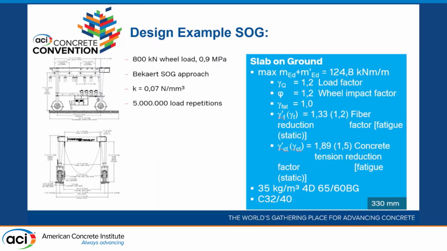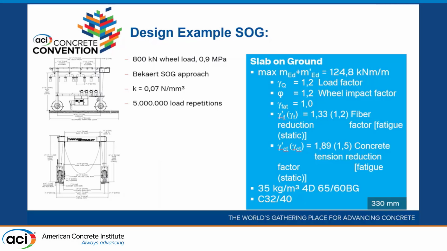There's the load factor. Here's the wheel impact factor that I mentioned before, the 1.2, and the fatigue factor of 1.0. And again, these are the European partial reduction factors, material reduction factors that are used. This is the static, that's the fatigue. The tool looks at static, ultimate, and fatigue, and the most critical governs.